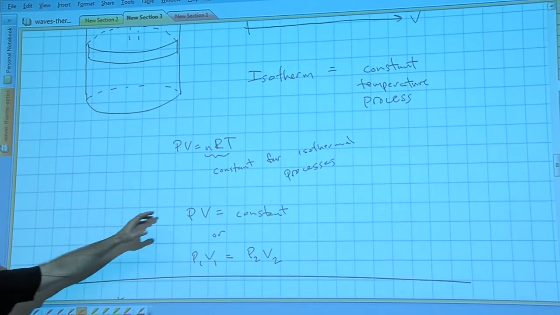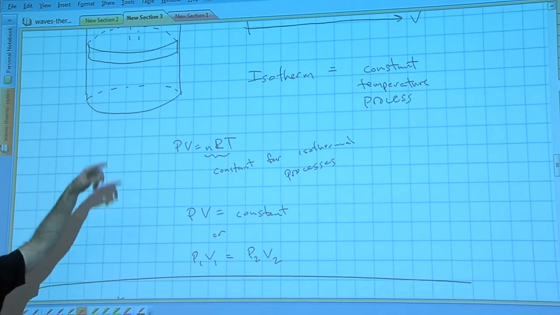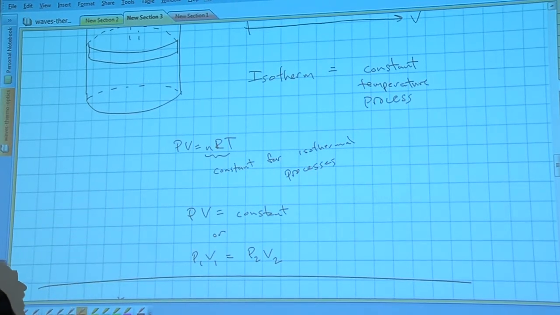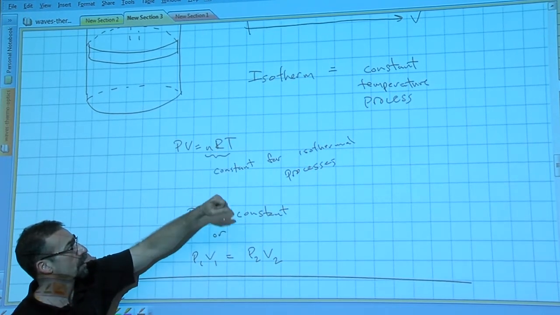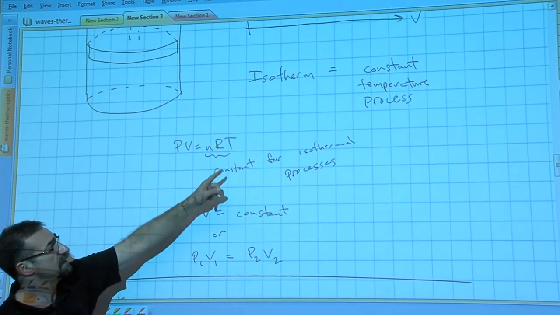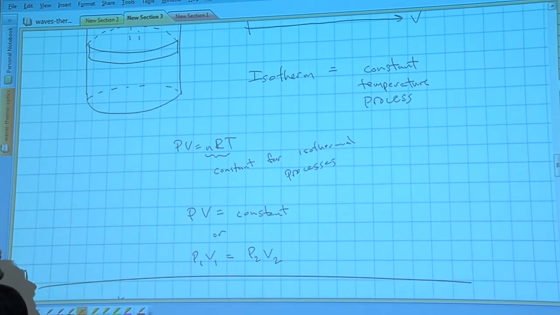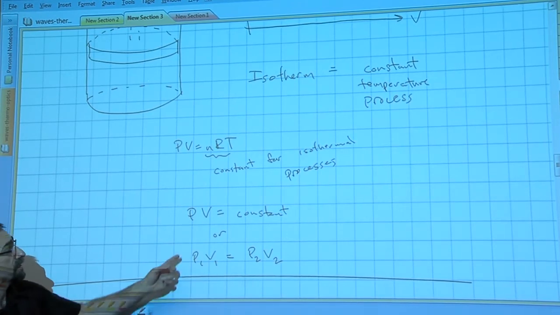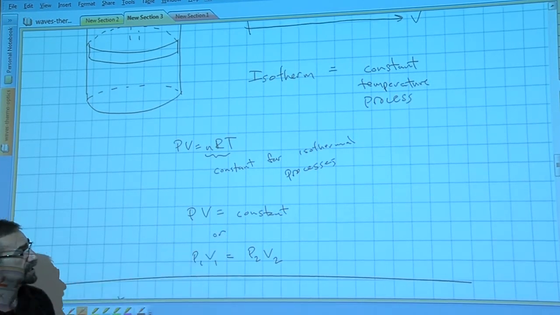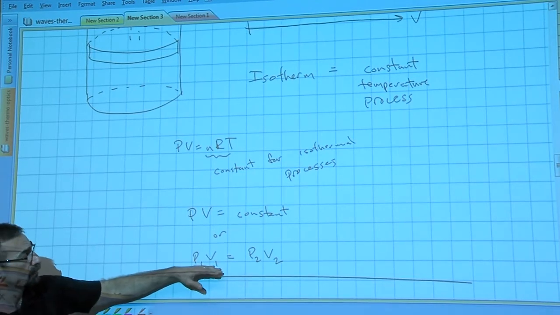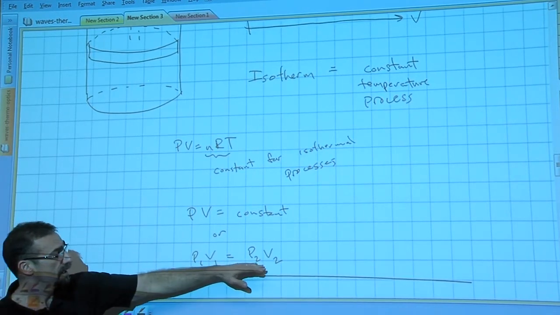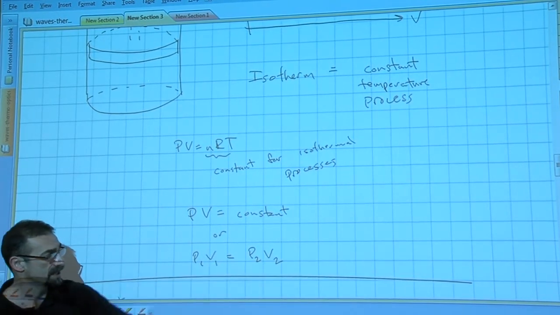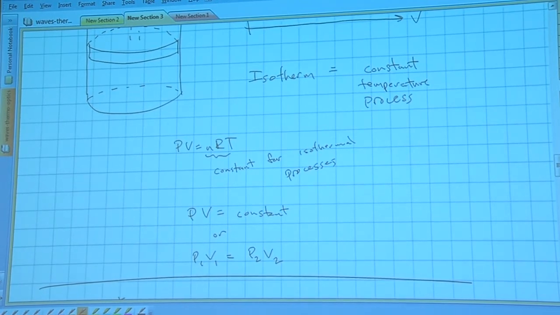So if n is fixed, if our piston doesn't leak, then the number of moles of gas is the same, so that doesn't change. R is already a constant, we know that. And if we're following along an isothermal process, then we know the temperature doesn't change. And so we can write PV as a constant for an isothermal process, or P times V at our initial location is going to equal P times V for our final location.